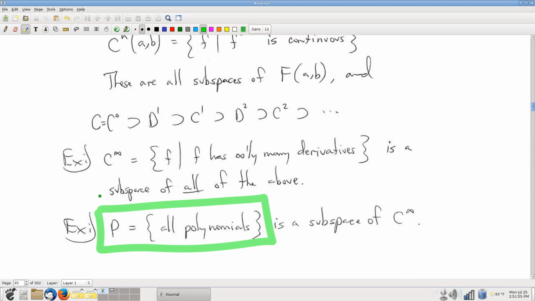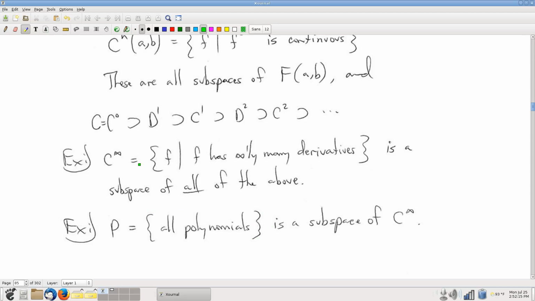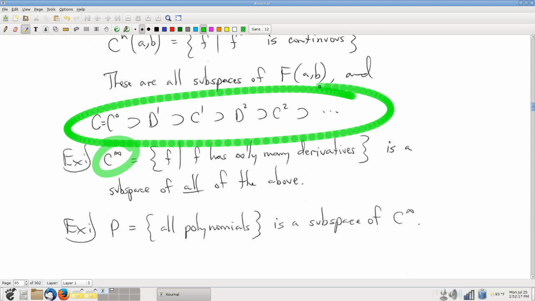All polynomials. Notice this does not say polynomials with integer coefficients. This is all polynomials of any degree. Linear, quadratic, cubic, quartic. This is an immensely large vector space, and it is the smallest of all of the vector spaces in this list.